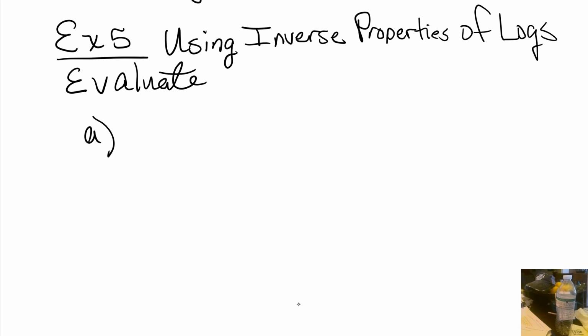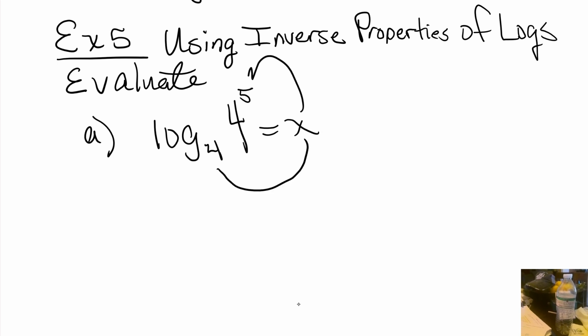So for A, I have log base 4 of the number 4 to the 5th. And again, equals what? So that means 4 to the x is equal to 4 to the 5th.